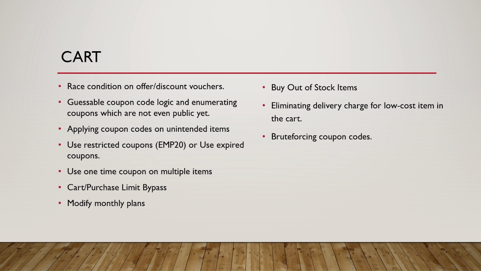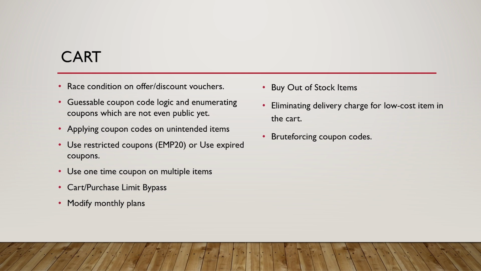For example, after a week there is a big billion day sale, or any kind of sale that the website owner is going to launch. I've already created the coupons, but I didn't make them public yet. So if someone is able to find those coupons before they are public, then that is a vulnerability.